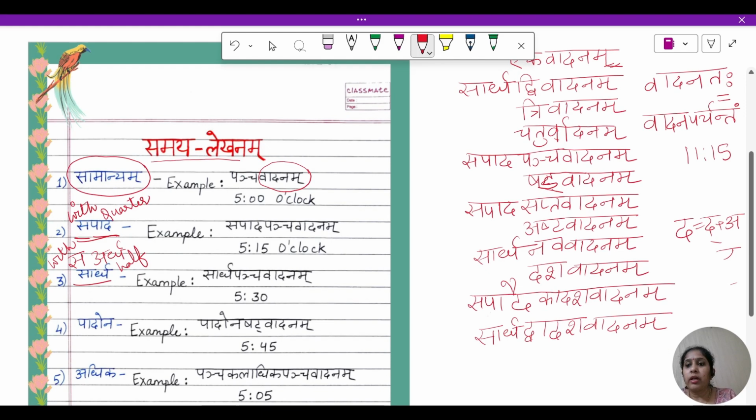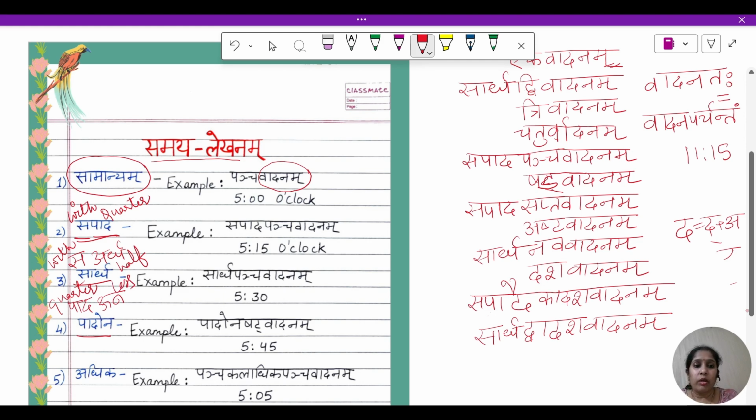The next one is Padon. Now the next one we have is quarter less, or quarter to the next time. For that we use Padon. Padon is made up of two words, Pad and Un. Pad means quarter, as we know before, and Un means less. So this time we are talking about quarter less than the time.